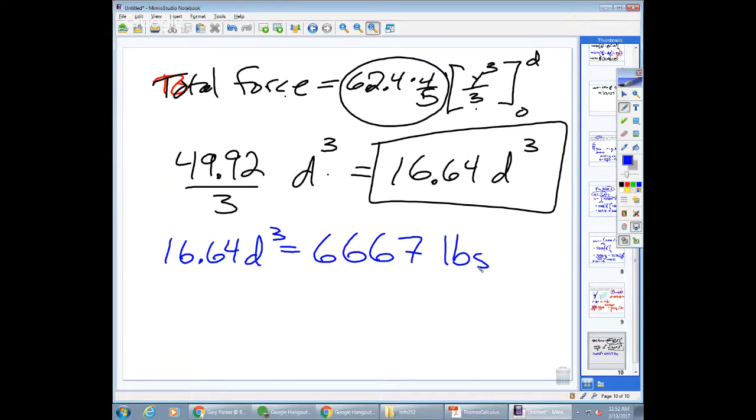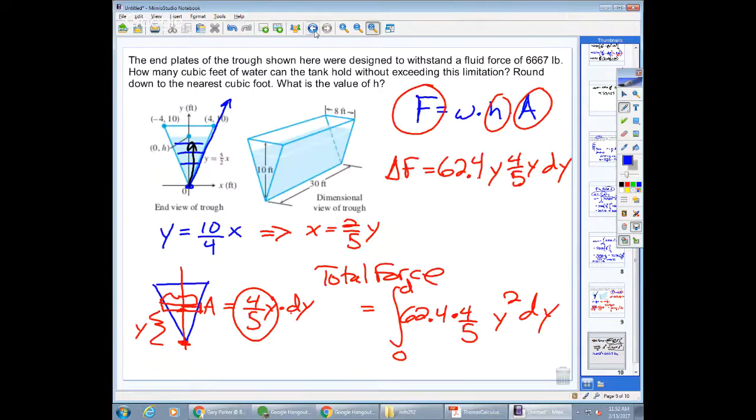And then the catch on the online homework is this question right here. How many cubic feet of water can the tank hold? So we're just about to calculate the height.